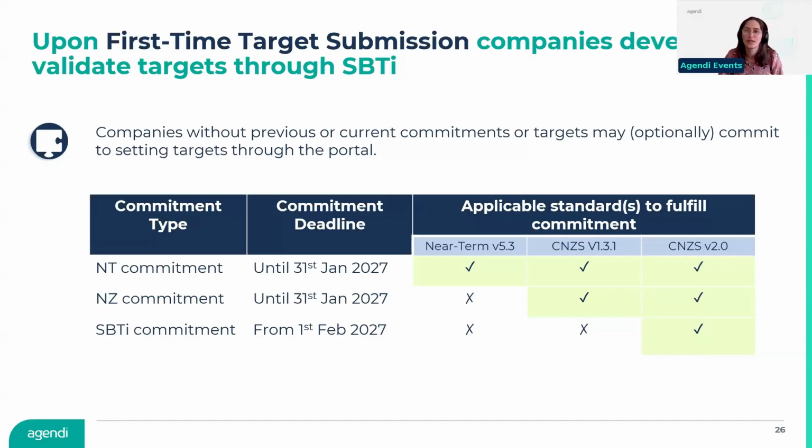But if you commit from February 1st, 2027 onward, you will only be allowed to use V2.0 to fulfill your commitment. So I'll rephrase this because it was a little confusing for me when I first saw it. What this means is even though V2 is only required from February 1st, 2028 onward, it would be the only standard you can commit to once V2.0 is live. And again, commitment is optional here.